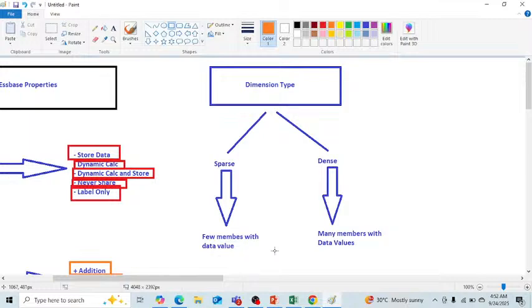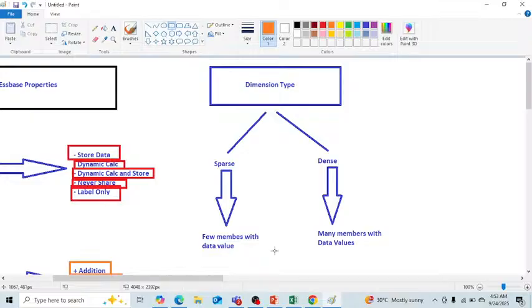Think of a period or account dimension, which store data blocks based on the intersection of the dense dimensions. And sparse dimensions have few members with data values. Think of an entity or a product dimension. Essbase only creates data blocks when a value exists at a sparse intersection, which is a major factor in performance.